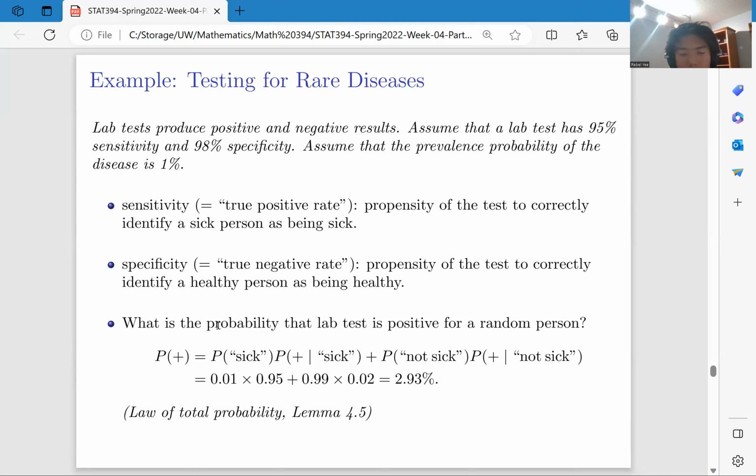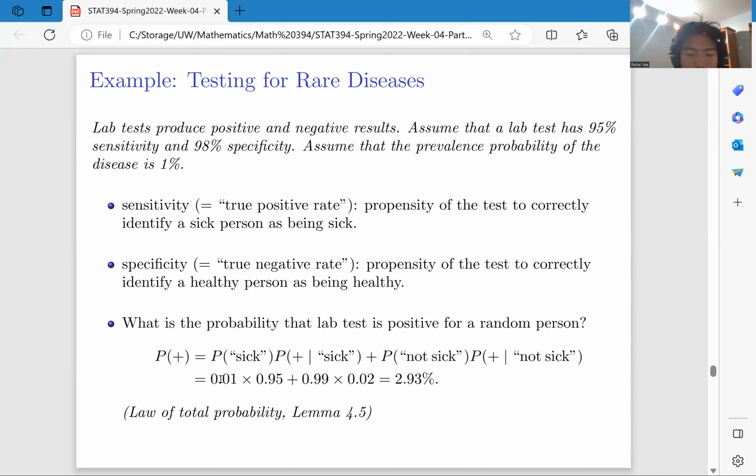Okay, in this case, we use the law of total probability: the probability of positive is equal to P(sick) times P(positive given sick), plus P(not sick) times P(positive given not sick).